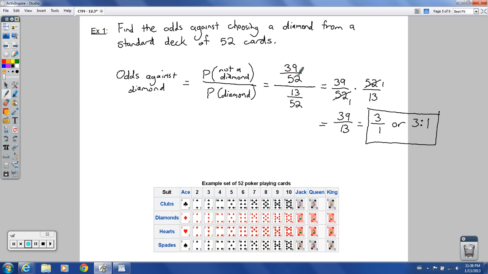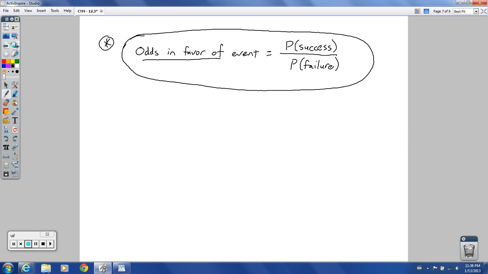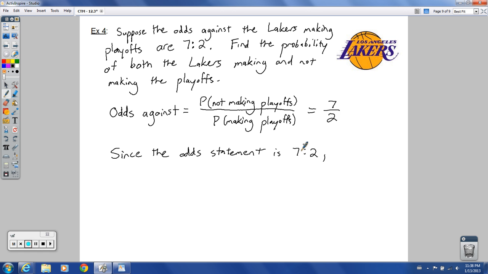Here there were 52 total cards to choose from. So here the total would be 7 plus 2. You have 7 plus 2. The denominator has to be that. So the denominator of both probabilities is 7 plus 2, which is 9.